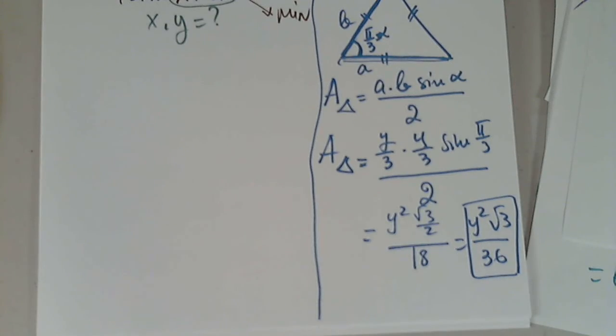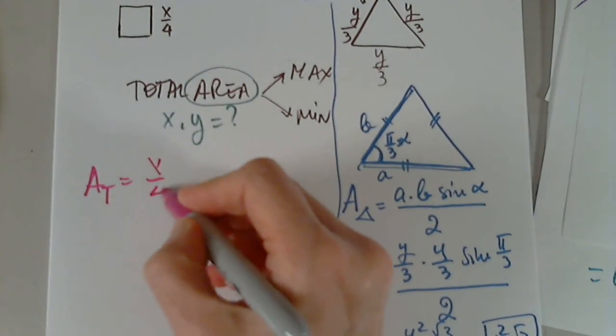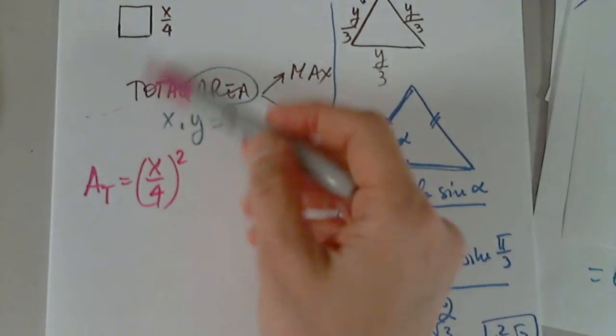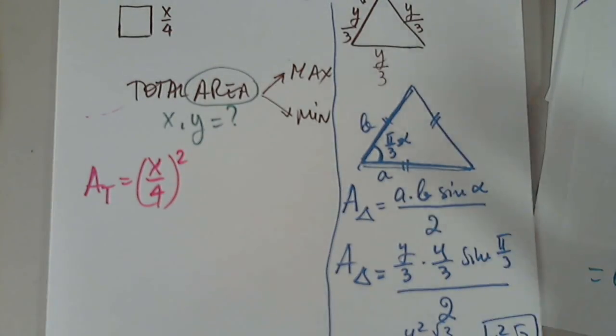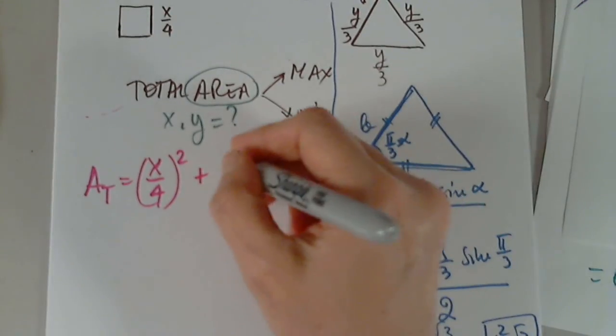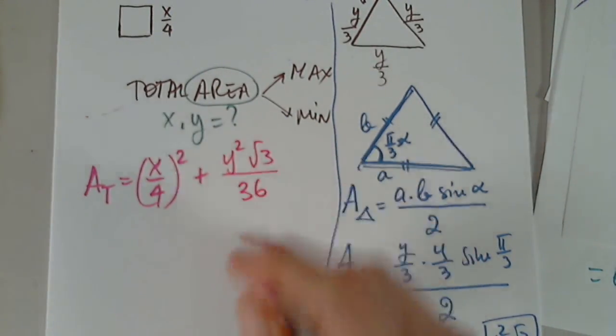So now we can start. So the total area is x over 4, everything squared, the side squared, plus this, which is y squared times the square root of 3 over 36.